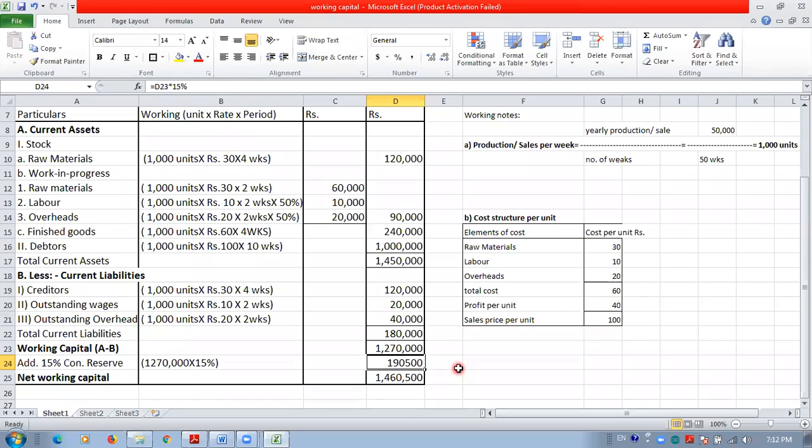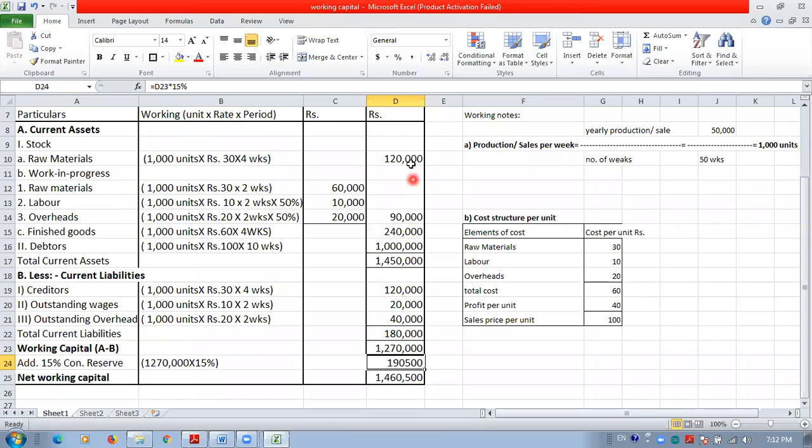Yes, the same thing is there, 1,90,500. So add this contingency reserve to this 12,70,000, and we will get 14,60,500. This has come out correct, all the figures match.